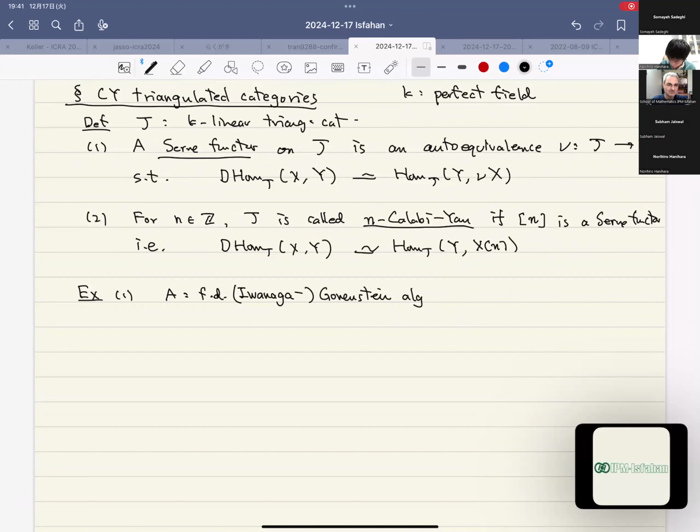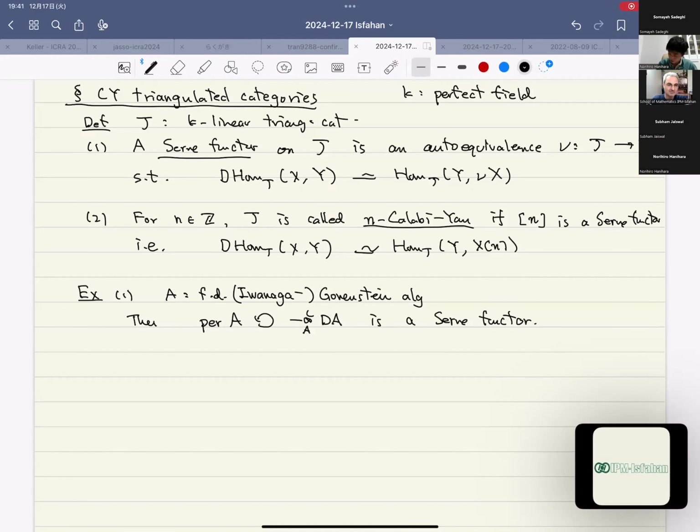Then its perfect derived category has a Serre functor given by tensoring with the injective module, the derived Nakayama functor. It is a Serre functor, which can be shown by a very elementary and formal computation.